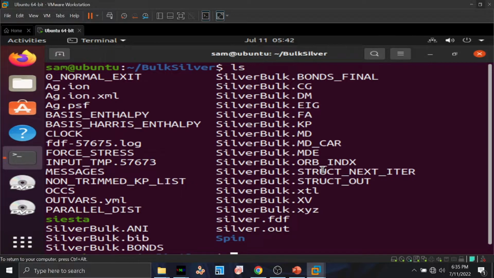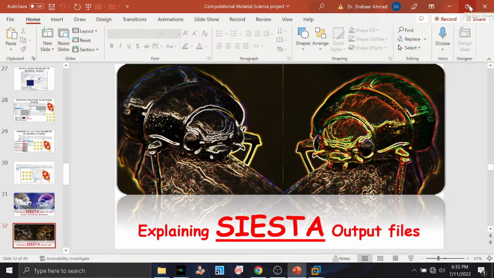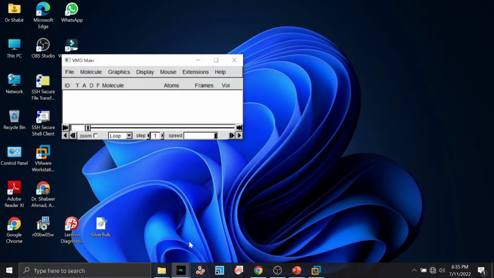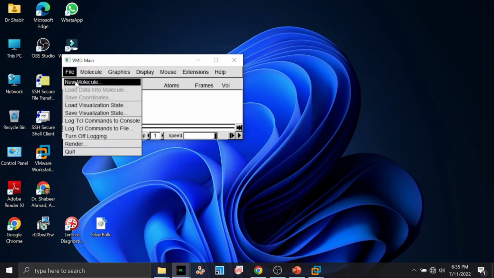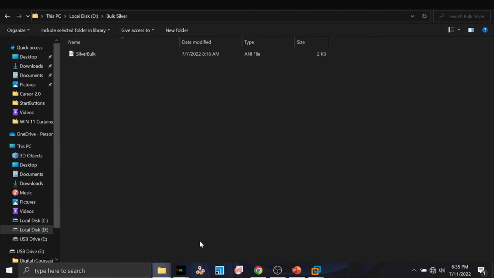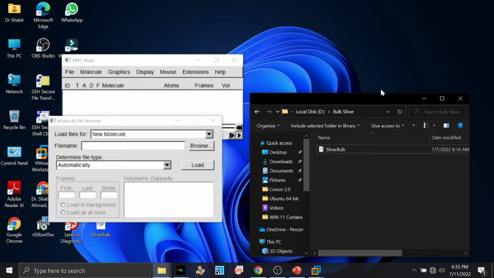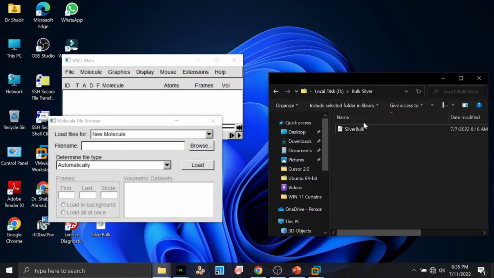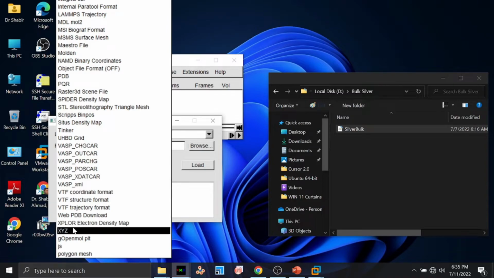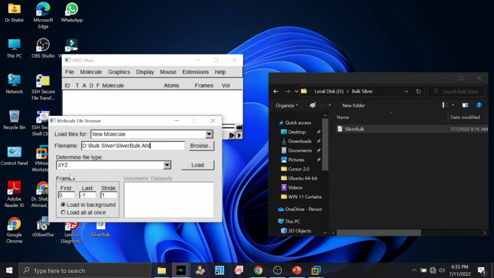Okay, so let me visualize this ANI file. I will show you here in VMD. I will open this file. I just copied that ANI file from Ubuntu, and here I will give the file type as XYZ.